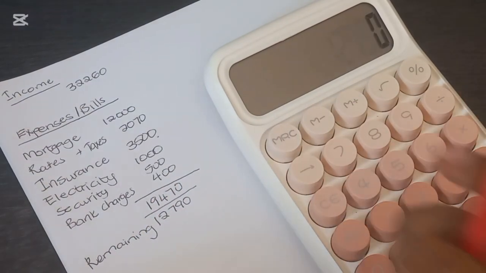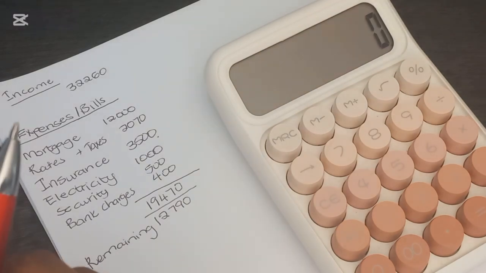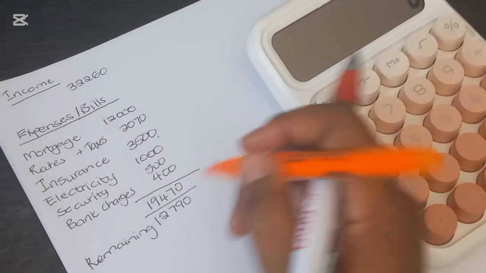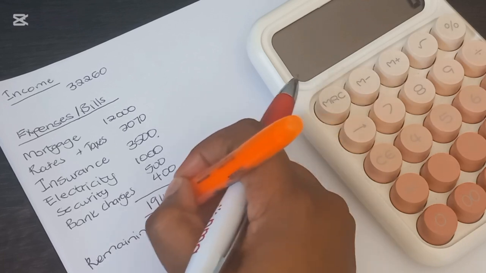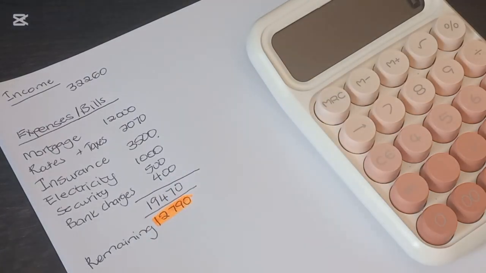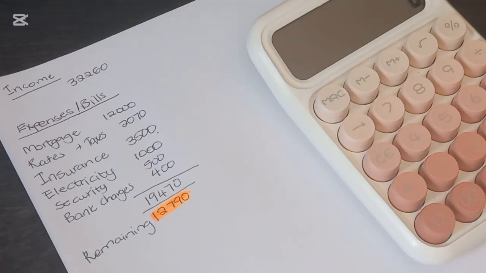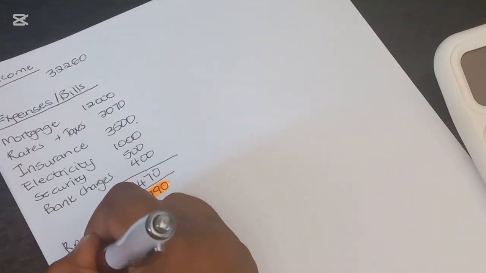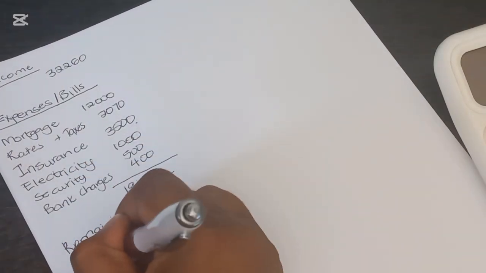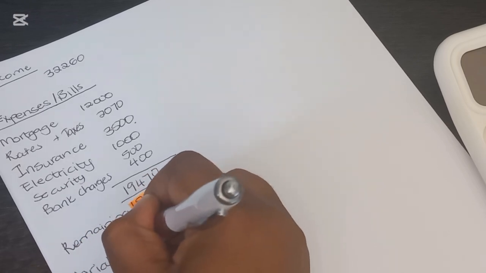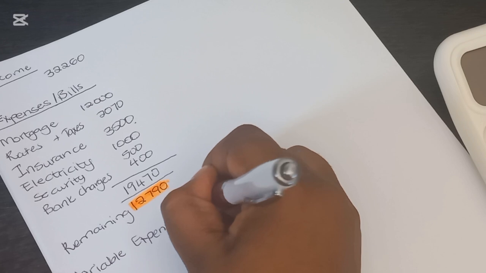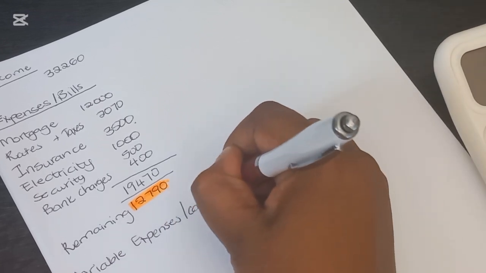Okay, let me get a highlighter. Okay, so that's what we have to work with next. The next expenses will be my variable expenses slash cash envelopes.